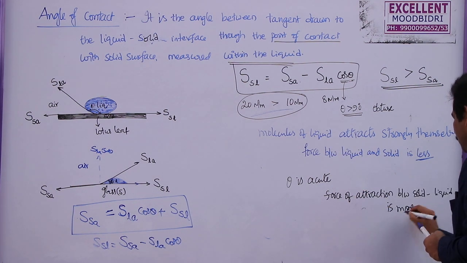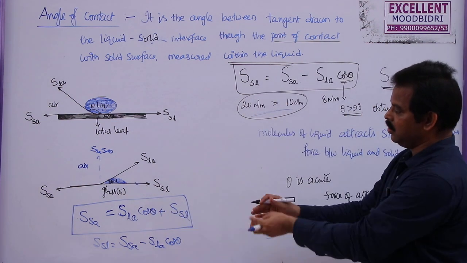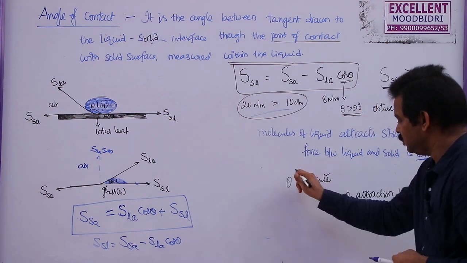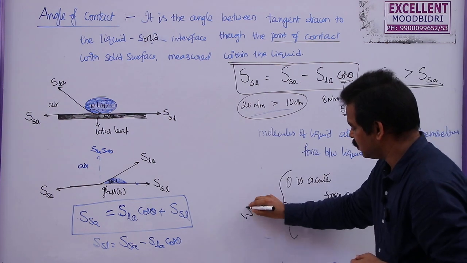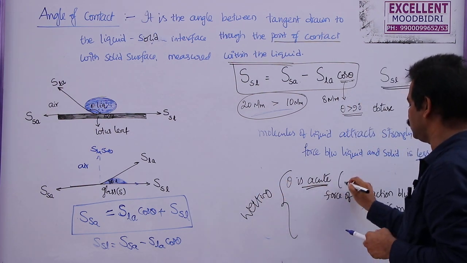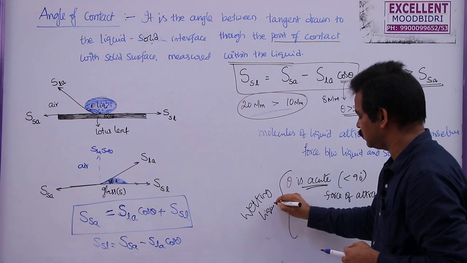That's why the liquid sticks to the solid very easily. So these are called wetting liquids. The liquids whose angle of contact is acute, that is less than 90 degrees, are called wetting liquids.